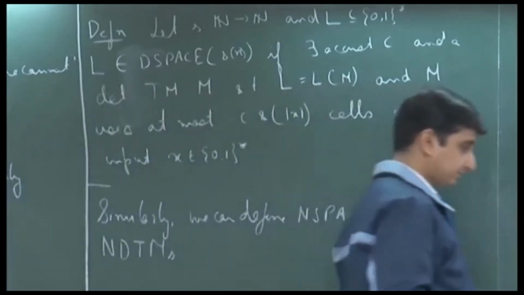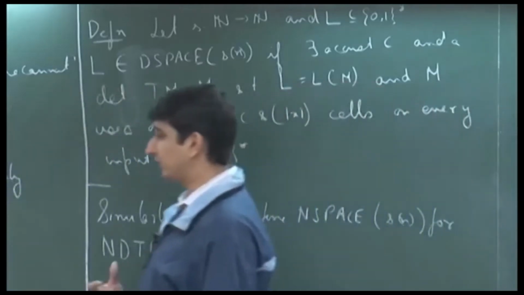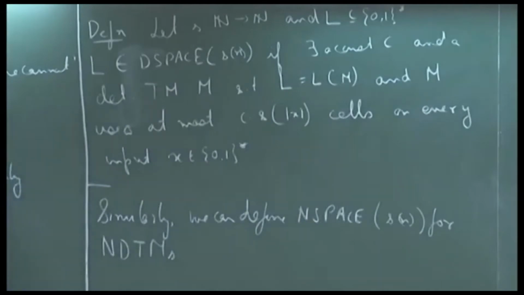Okay. So, now what can we say about certain basic relations between deterministic and non-deterministic Turing machines?